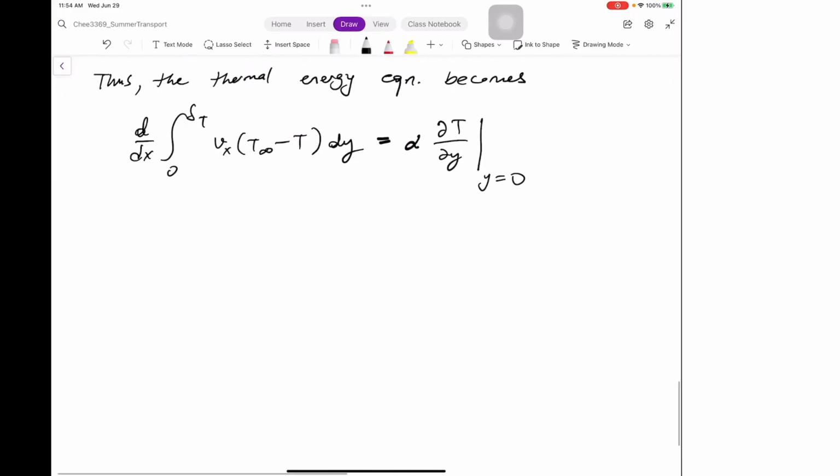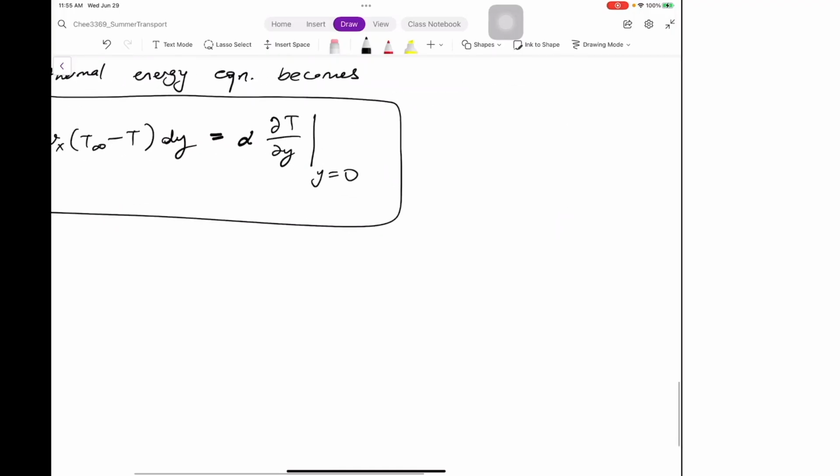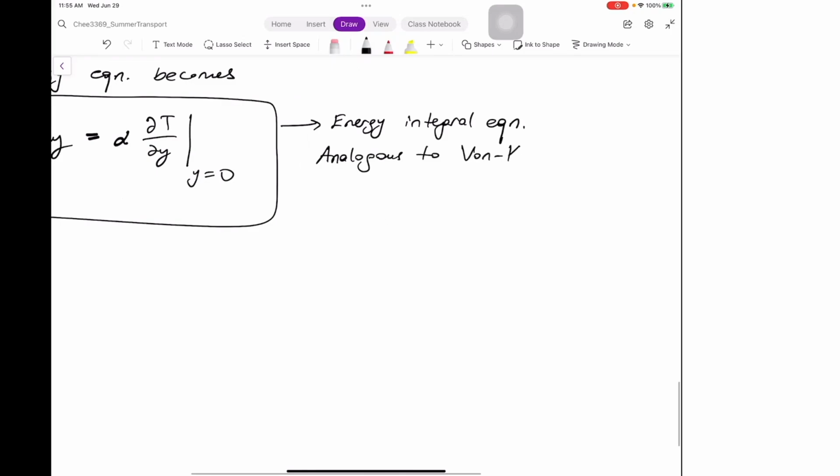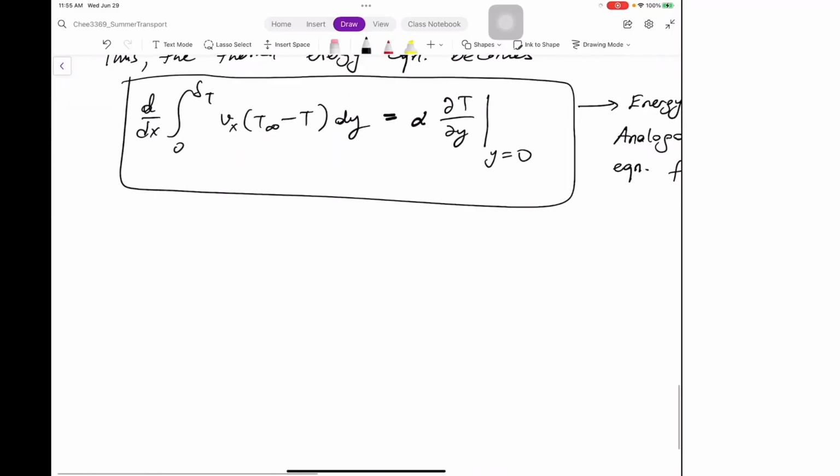So this is the energy integral equation, analogous to the von Karman equation for momentum transfer, right?